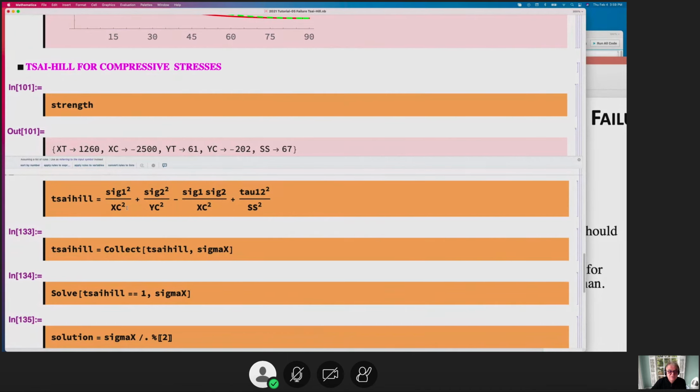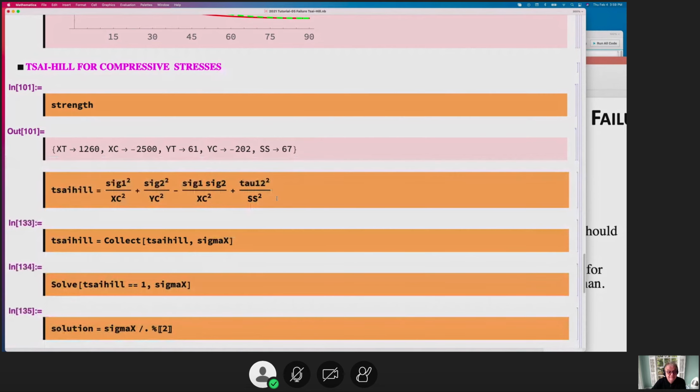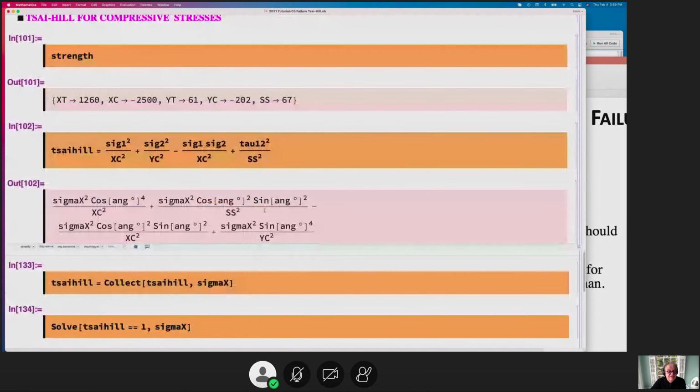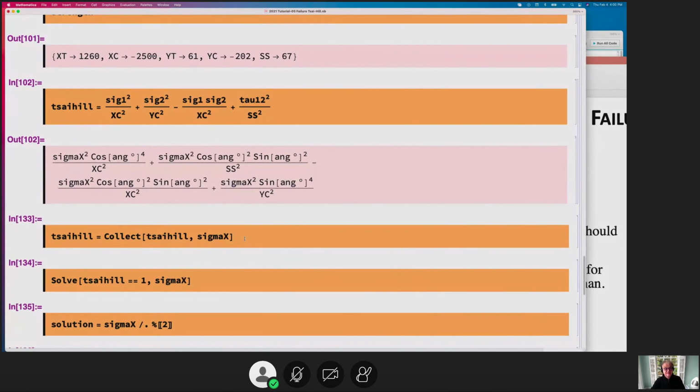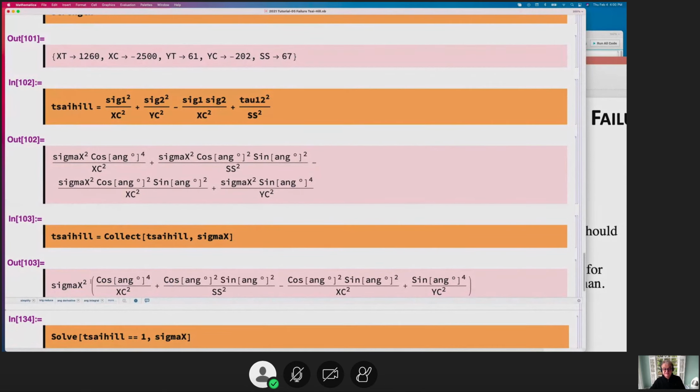Anyways, so if I use those in my psi hill, which was my psi hill in terms of XT and XC, I redefine psi hill here with the compression values and collect the sigma x's. Sigma x squared is here.